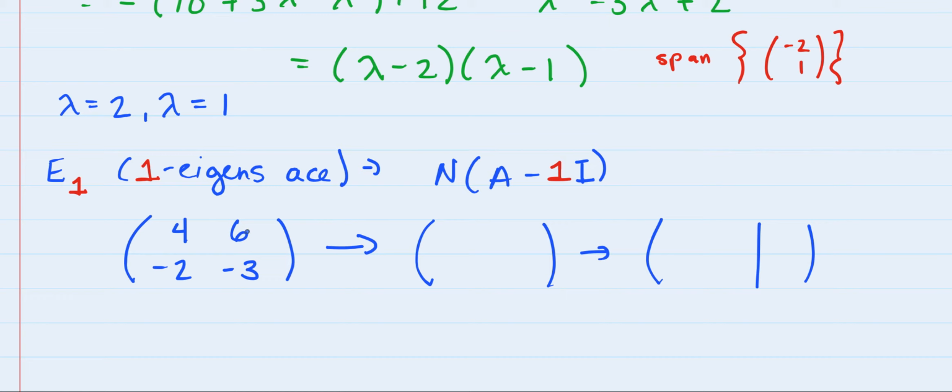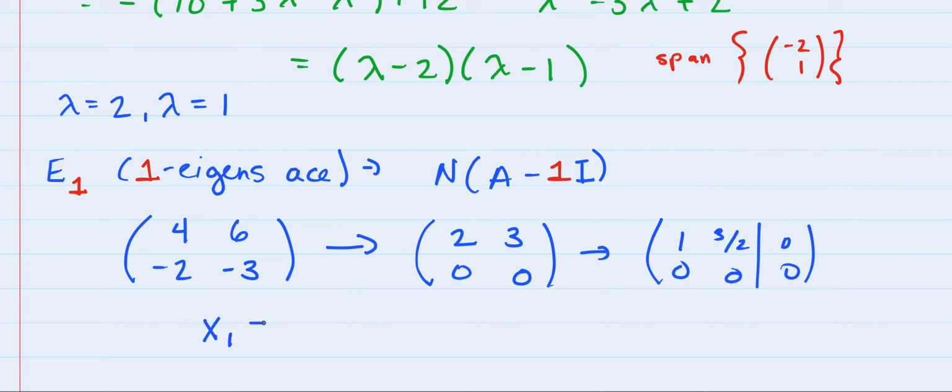So we can get rid of the bottom row, divide this one by 2, we get 2, 3, which we then can divide by 2 again and get 1, 3 over 2, 0, 0, 0, 0.